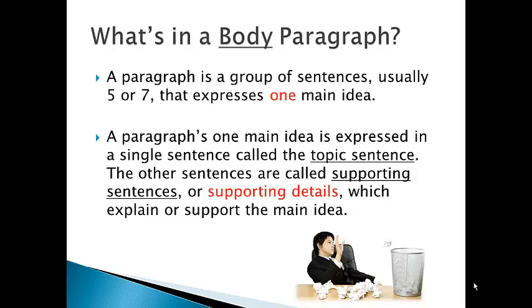A body paragraph is usually about 5 to 7 sentences, and it expresses one main idea. That one main idea is expressed in a single sentence called a topic sentence. The other sentences are called supporting sentences or supporting details, which explain or support that one main idea for the whole paragraph.